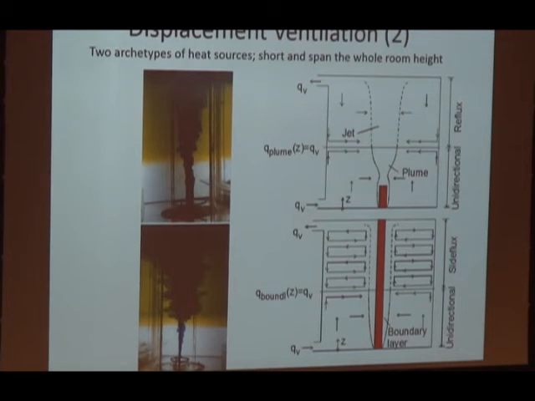You have these cells. The air cannot penetrate upwards. So it goes up, but it stops and it goes down. So this is inversion, exactly as you have in the atmosphere. But this is the example of ventilation controlled by buoyancy sources. It works also as controlled by buoyancy sources.